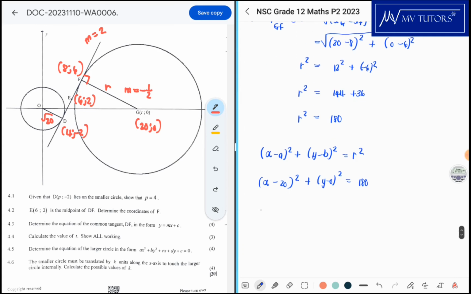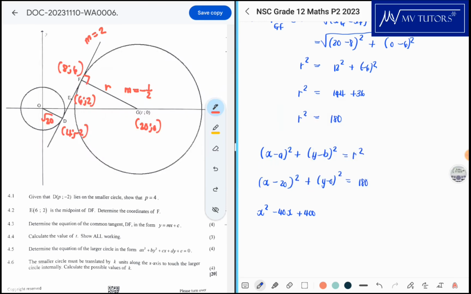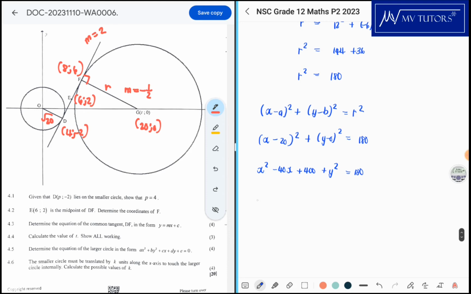And now let's just take out the bracket. So this x squared minus 40x plus 400, that's 20 squared. If you're not sure, please just check. Okay, 400. And then we have y squared, and that's equal to 180. Now we need to write it in this form that they've given us. I'm going to just take the 180 to the other side. And then we start with x squared, and then y squared, and then the coefficient of x, that's minus 40.